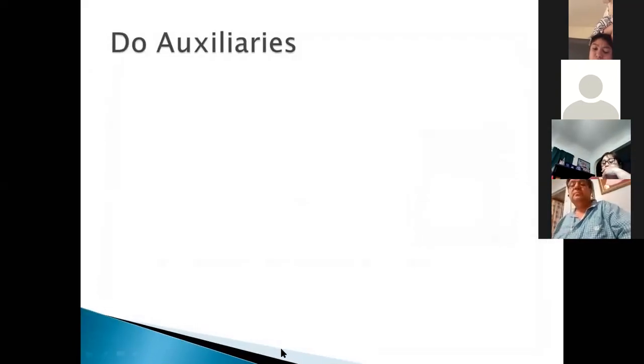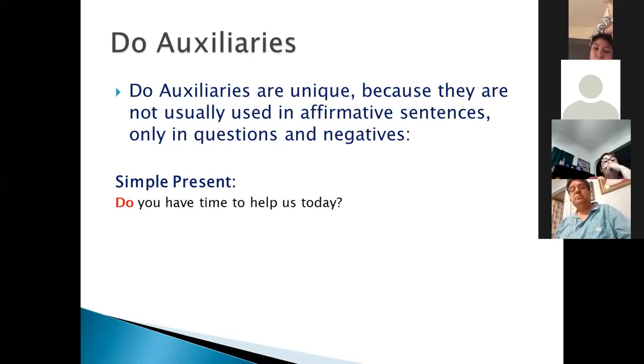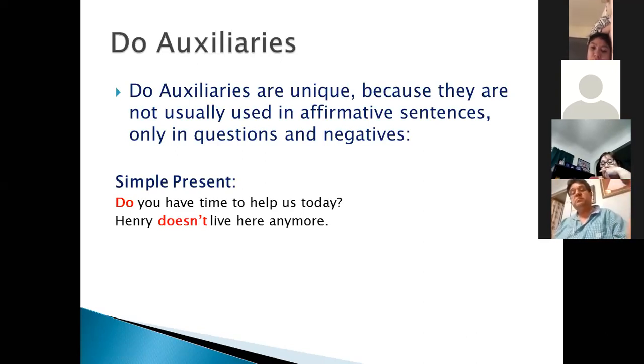Our do auxiliaries. Do, did, does, right? And remember, they're unique because we only use them in questions and negatives, not in affirmatives. So here we have a question. Do you have some time? There's our negative. Henry doesn't live here anymore.